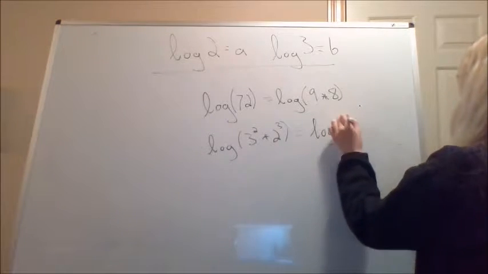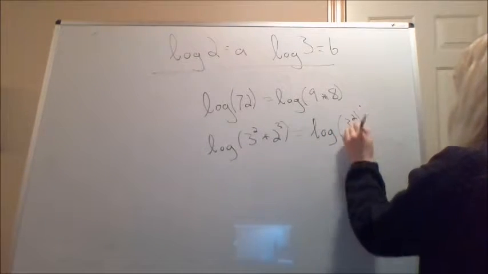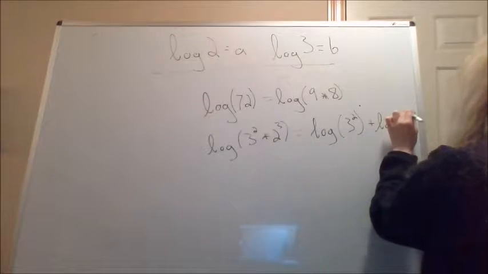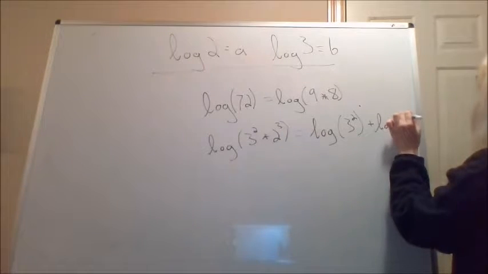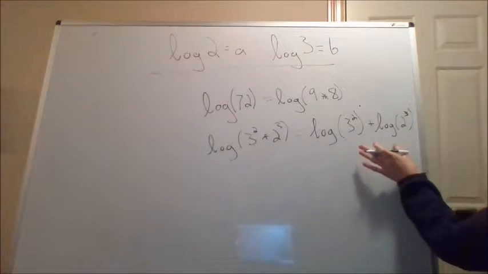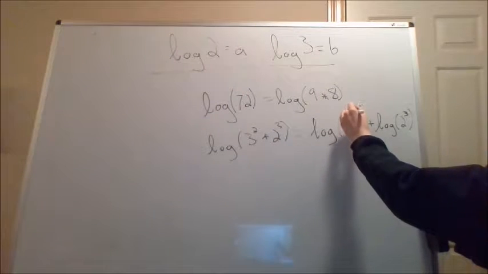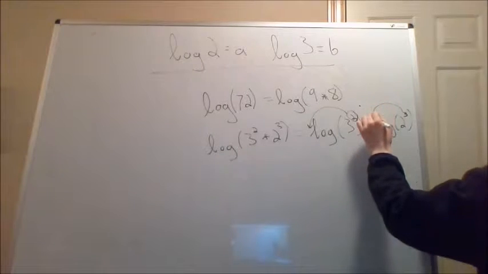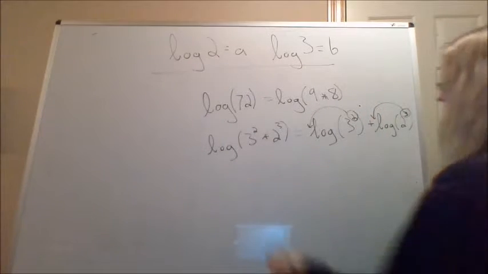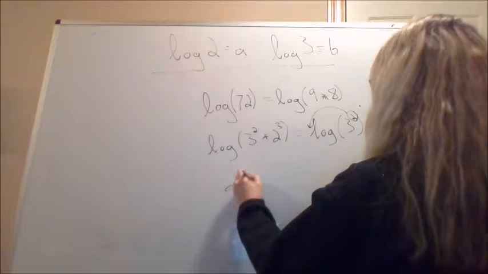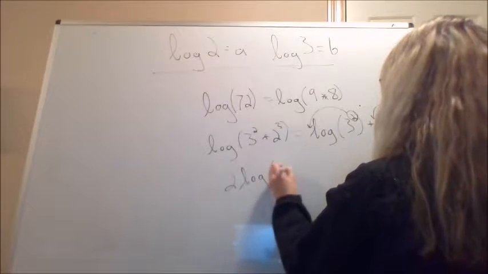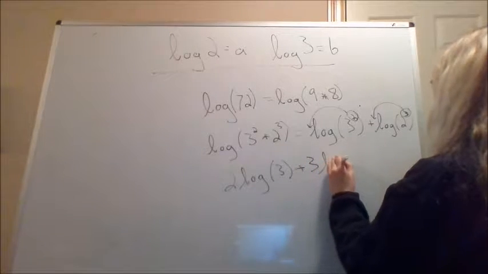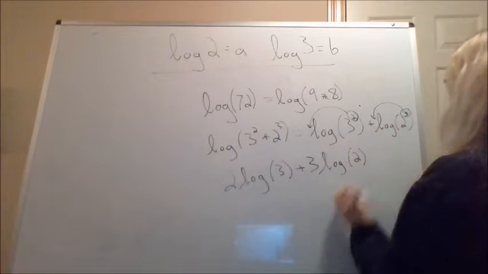So here we see log of 3 squared plus log of 2 to the third power. Now we use our power property of logs, and we can bring these exponents down in front of the log. If we do that, we get 2 log of 3 plus 3 log of 2.